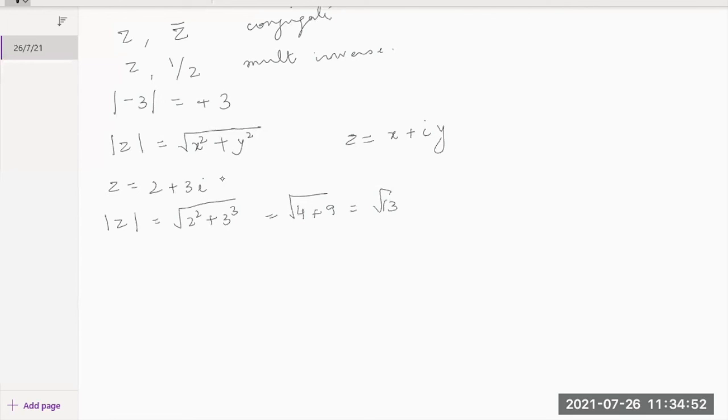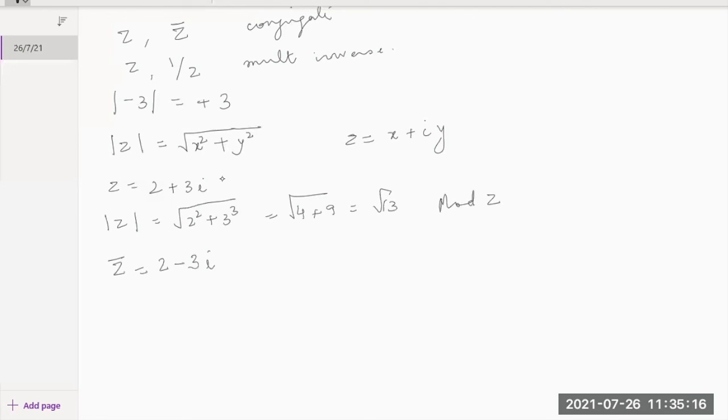This is mod z. But if I said z conjugate, what would be the answer? 2 minus 3i. So there's a difference between the word mod and the word conjugate over here. They are not one and the same thing. Please be careful with it.